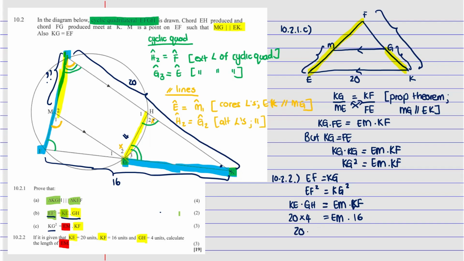So 20 multiplied by 4 divided by 16 equals EM. When you punch that into the calculator, you find that EM is equal to 5 units.